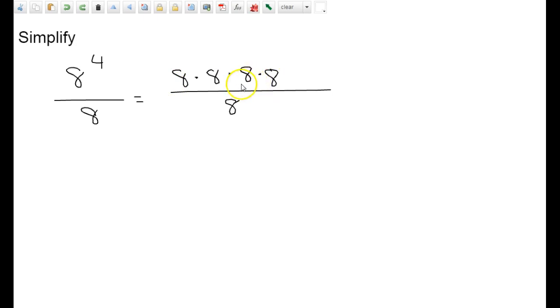If you're multiplying on top but dividing by some 8s on the bottom, any groups you have, like one 8, can cancel with one 8 on the bottom. If we had another 8 on the bottom, we could do it a second time. We can only do it as many times as there are matches. So those cancel each other out, and we're left with 8 times 8 times 8, or 8 to the third.